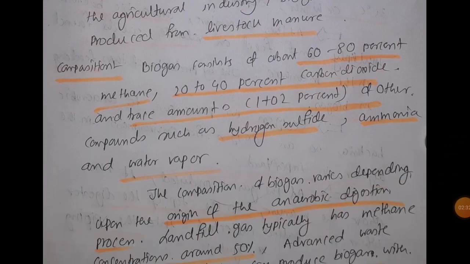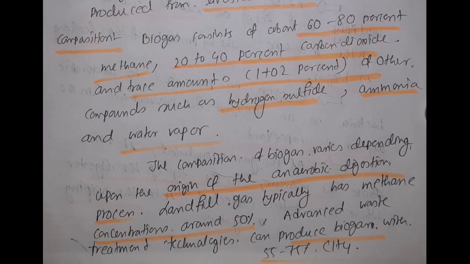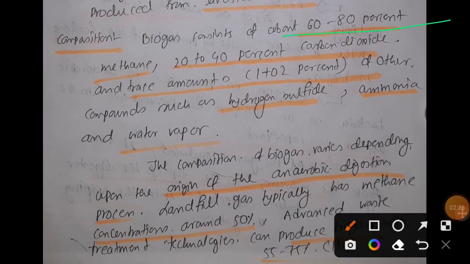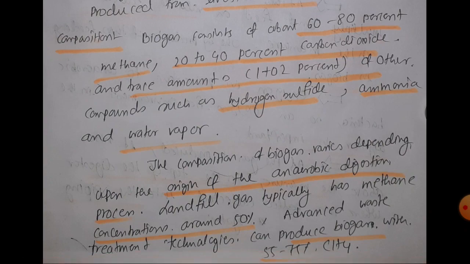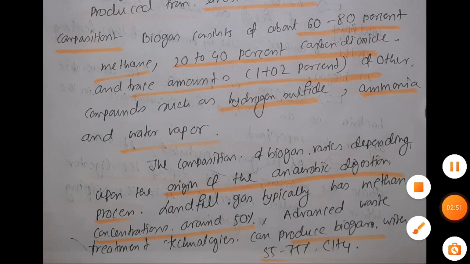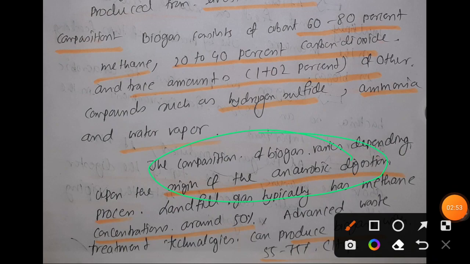Now the composition. Biogas consists of 60 to 80% methane, 20 to 40% carbon dioxide, and trace amounts of other compounds, that is 1 to 2% hydrogen sulfide, ammonia, and water vapor. The composition varies depending upon the origin of the anaerobic digestion process.